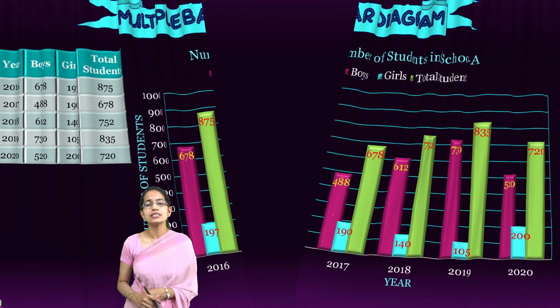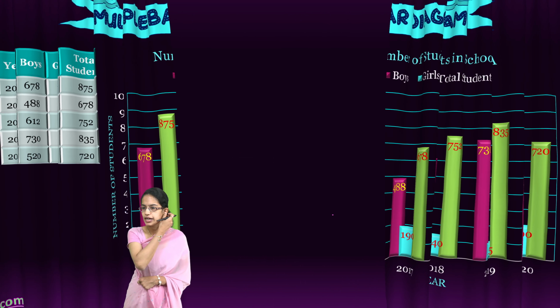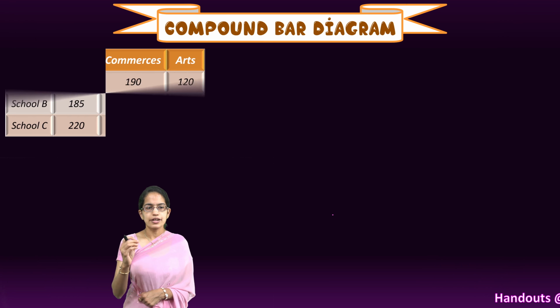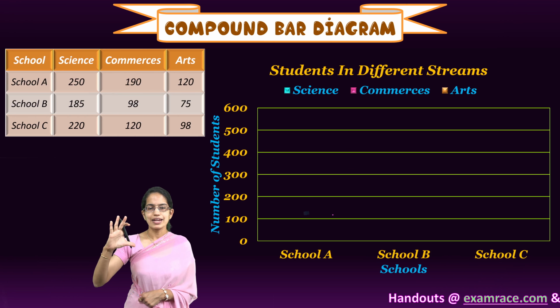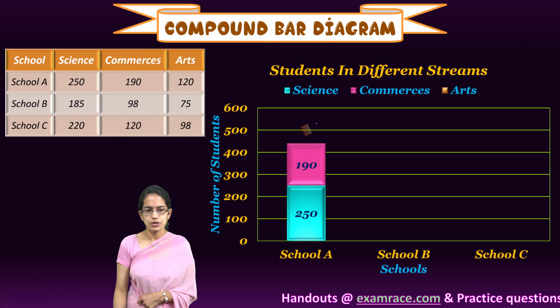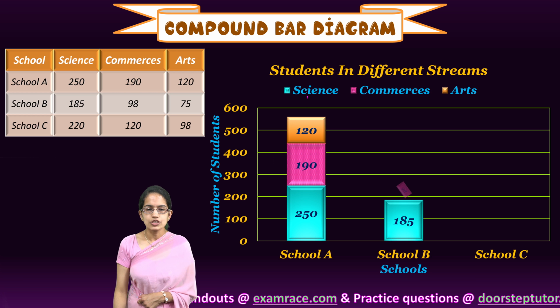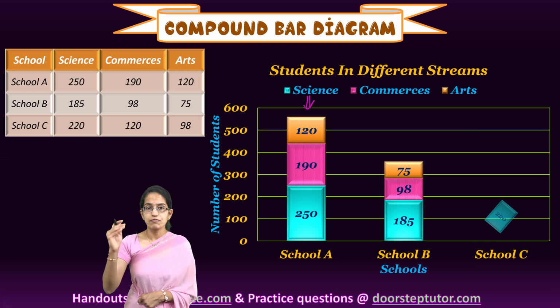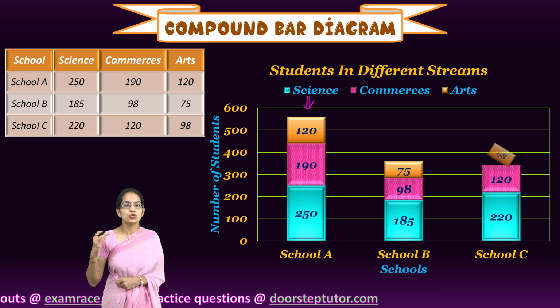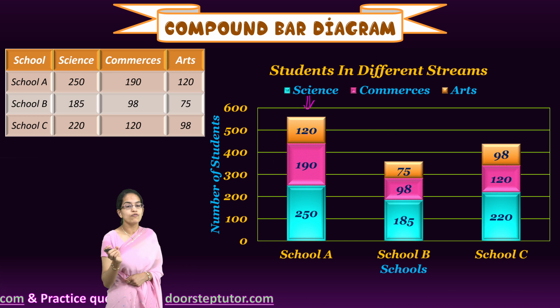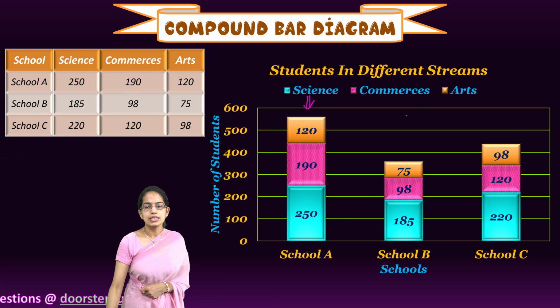Coming on to the next, a compound bar diagram. Under a compound bar diagram, as we mentioned, we try to have the same height which shows the total number of enrollment, and then we divide this total under different streams. So let's say students in class 12th are enrolled for science, commerce and arts.